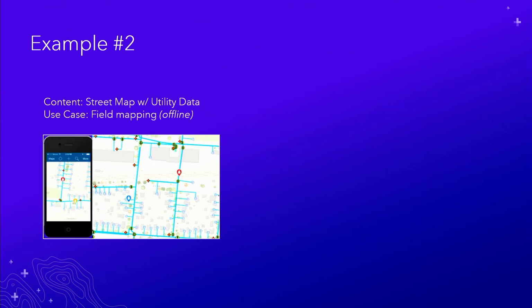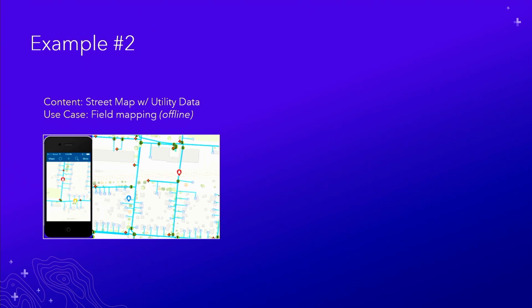The second example is really more of a utility example. So we might have a street map on top of which we're rendering more complex utility data. And in this specific case, my target audience is users in the field who may be working offline.